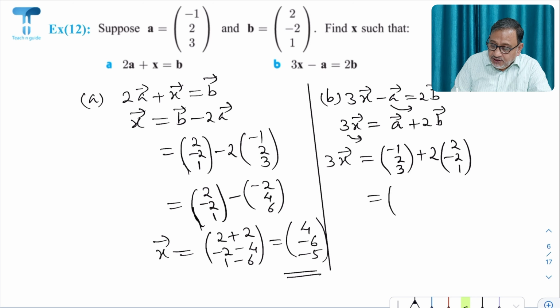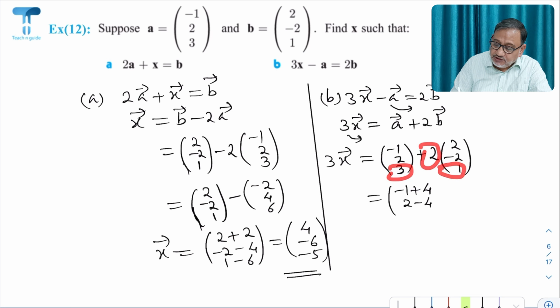So when I combine them, I will now directly multiply. Look here, 2 times 2 is 4. So -1 plus 4. Then 2 minus 2 times 2, 4. So 2 minus 4. Plus of minus is minus. Then 3 plus 2 times 1 is 2.